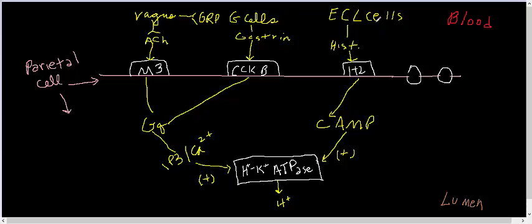So, if you were to give a patient histamine, then this would stimulate acid secretion, but it also potentiates the effects of gastrin as well as acetylcholine.